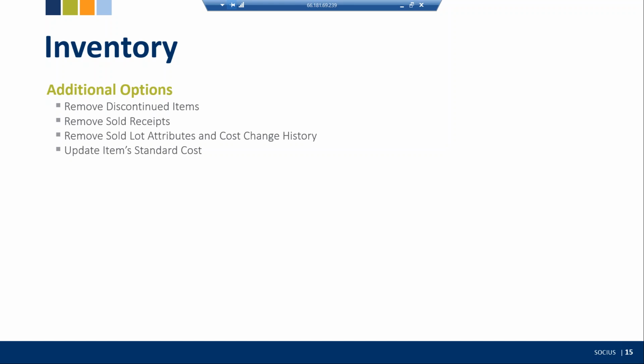You can remove sold lot attributes, so if you have lot tracked items, and also cost change history. So those can be removed. And then also, if you're valuing your inventory using standard cost, then it can actually update your standard cost to the current cost. So all of those are options when you go to the year-end close process.